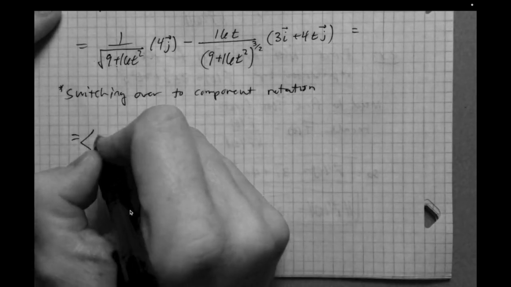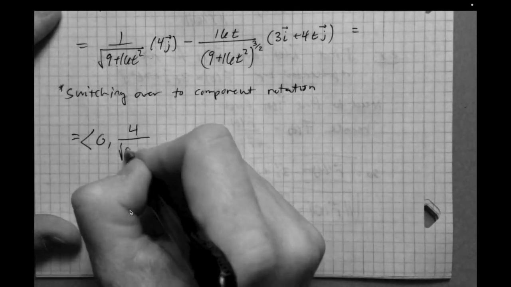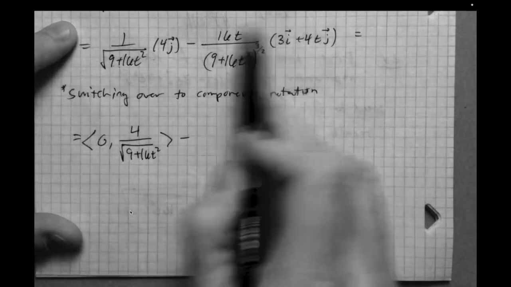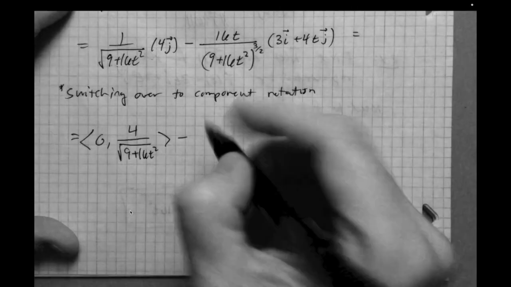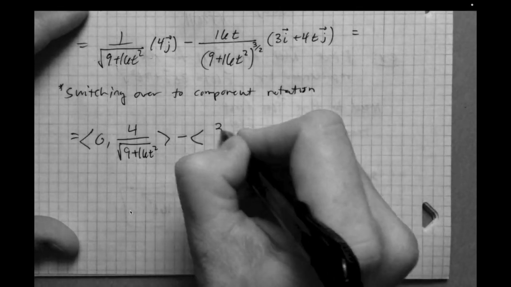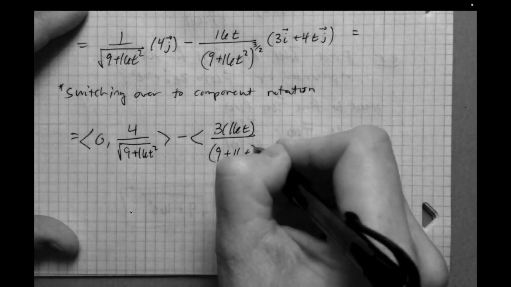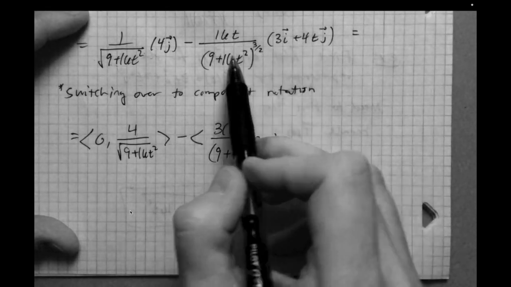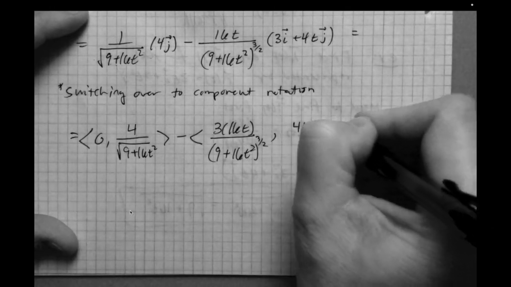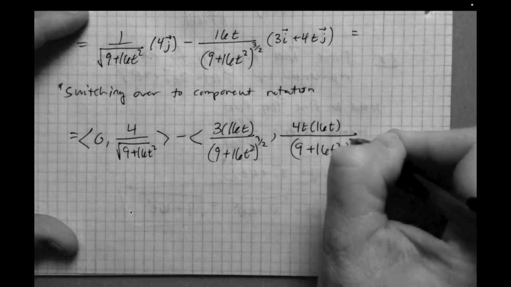So that's just going to be 0, and then the rest of it is all j. So it'll be 4 divided by the square root of 9 plus 16t squared. Then I'm going to subtract from that this vector over here. This vector has an i component, and so it's going to be 3 times 16t divided by 9 plus 16t squared to the 3/2 power. And then the j component is going to be the 4t times 16t divided by the same, 9 plus 16t squared to the 3/2 power.